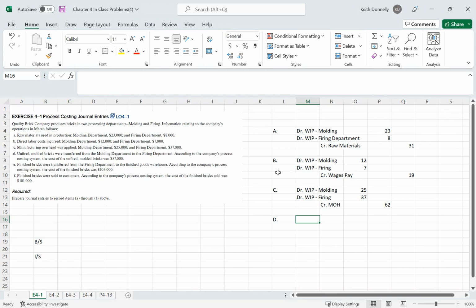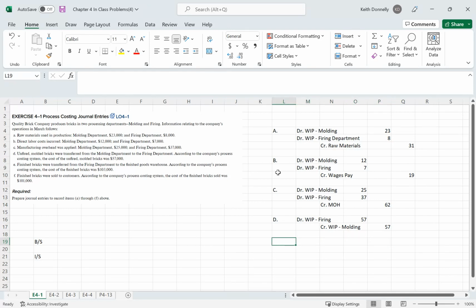Department A finishes their part of the job, and we're now transferring it over to Department B. So according to the facts, we're transferring it over to the firing department. We're going to debit our WIP for firing. That's increased. And we're taking it out of our molding department. The amount of the cost here was $57,000.